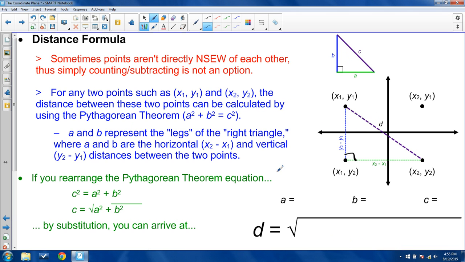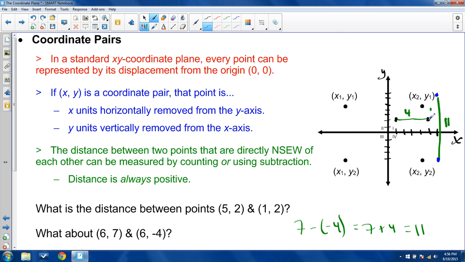Now what are A and B? Well, A and B represent those legs, and A would be x2 minus x1. What you get to do is do that distance difference, just like we did on the last slide. Remember, we got to subtract, like 5 minus 1 was 4. Here's 5, and here's 1. 4 is the distance between them.